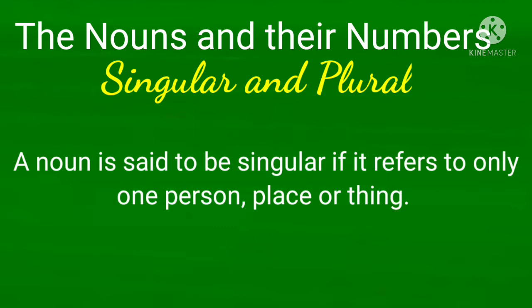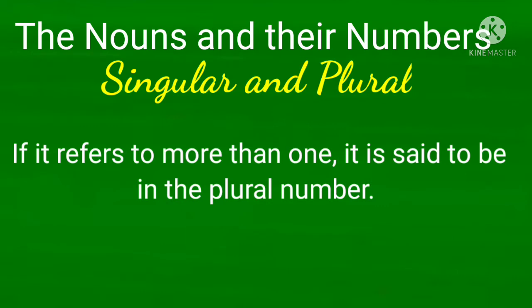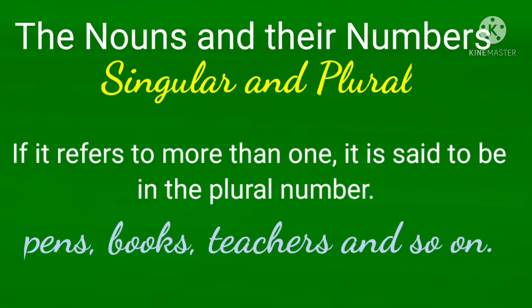For example, book, teacher, student, pen, pencil, etc. If it refers to more than one, it is said to be in the plural number. For example, pens, books, teachers, and so on.